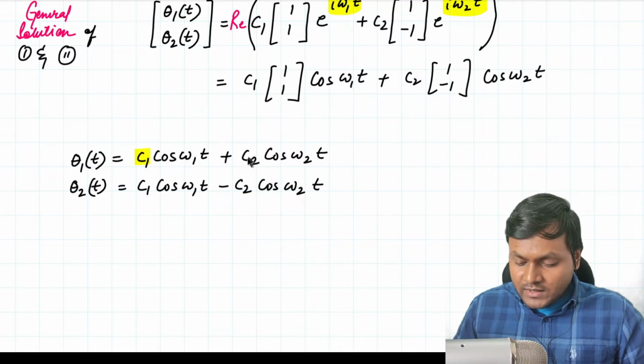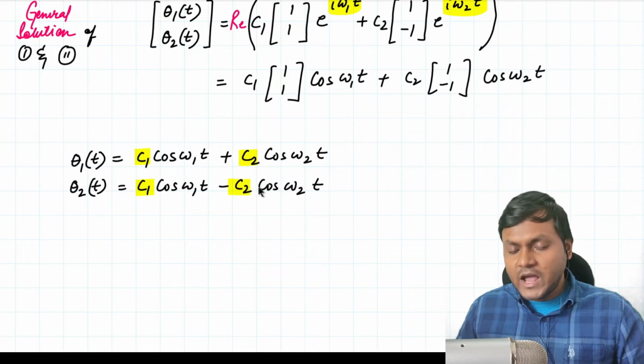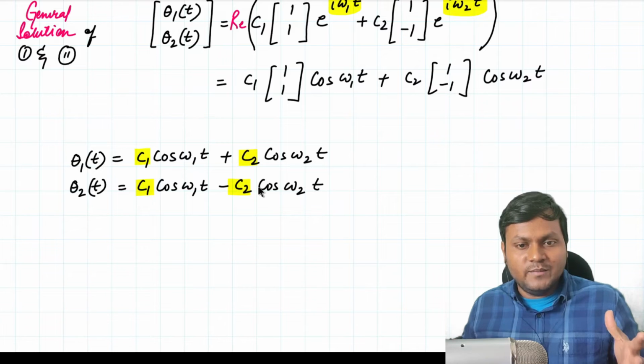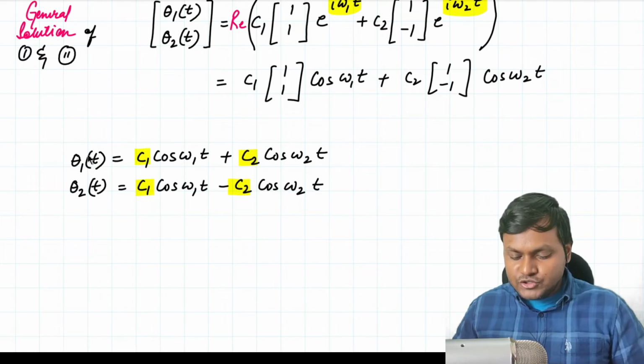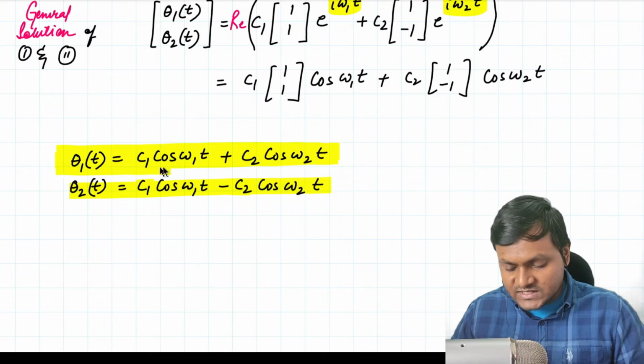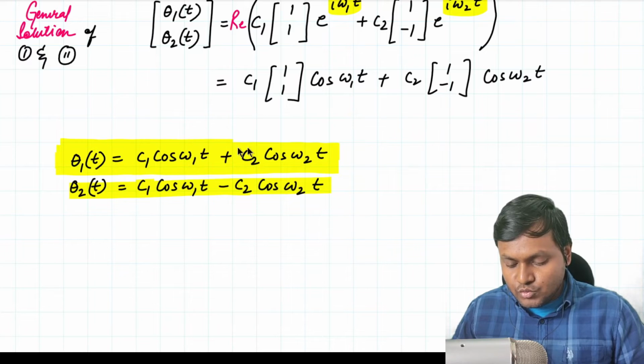Now c1 and c2 are constants that will depend upon the initial setup of the coupled pendulum, but the general solution for the angular displacements of both masses is given by these two expressions.